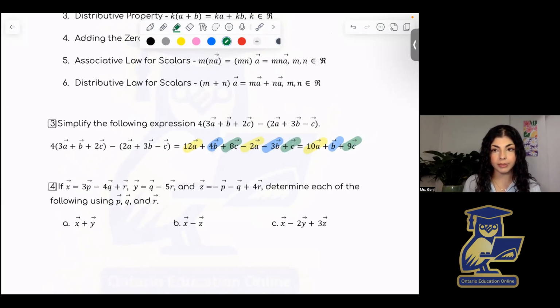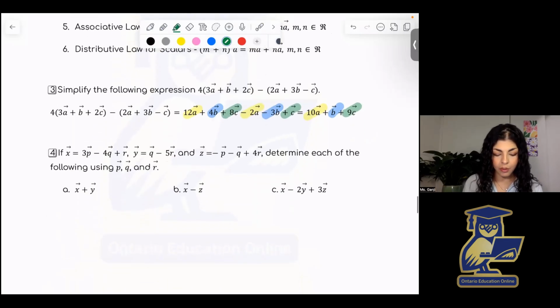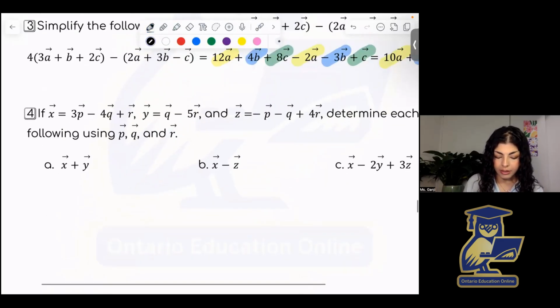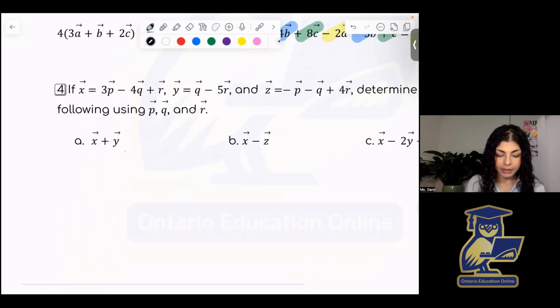That's my simplified expression. Now, here we're told, x is 3p minus 4q plus r, y is q minus 5r, and z is minus p minus q plus 4r. And we're asked to find each of these in terms of p, q, and r. So starting with this first one, x plus y.